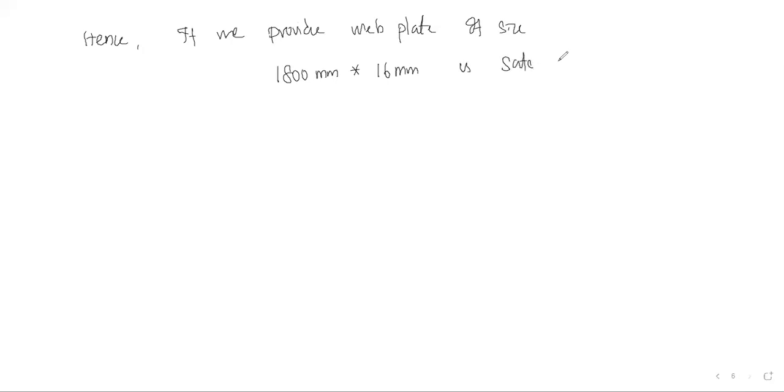Hence, if we provide a web plate of size 1800 mm by 16 mm, it is safe in shear.